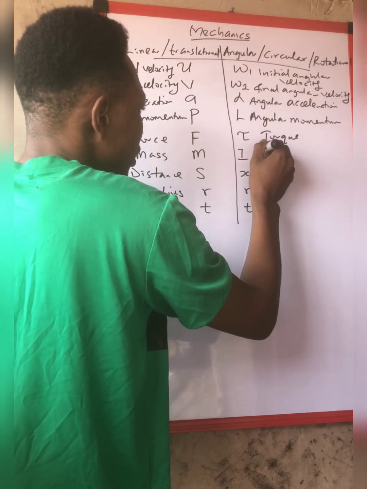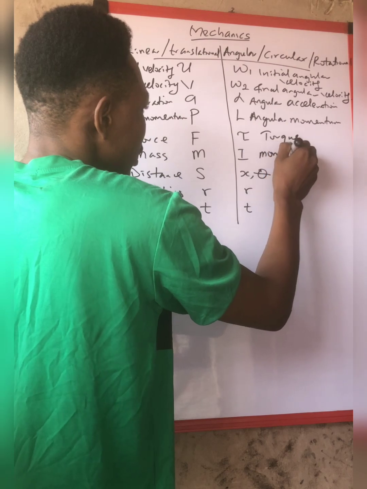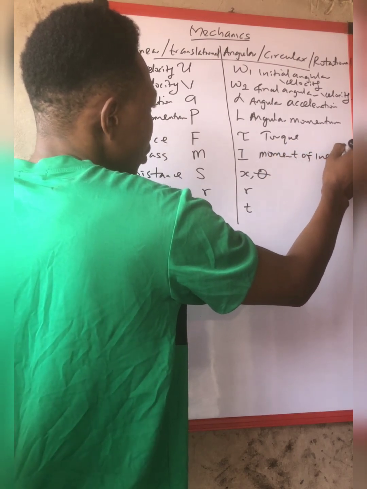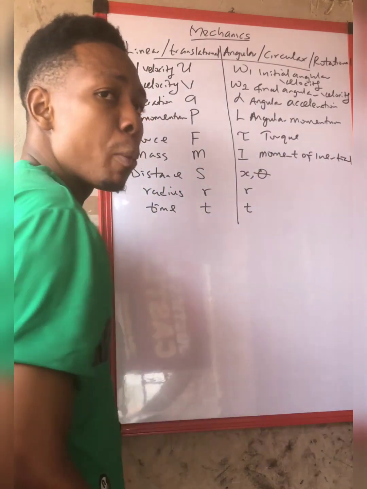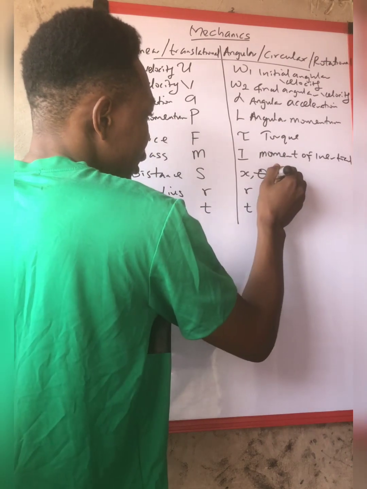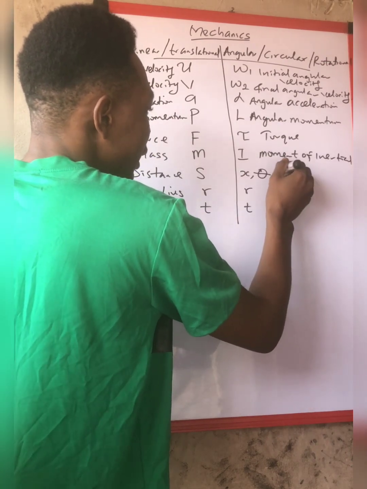This represents moment of inertia. You can also call these moments of a torque. Then our S represents displacement.